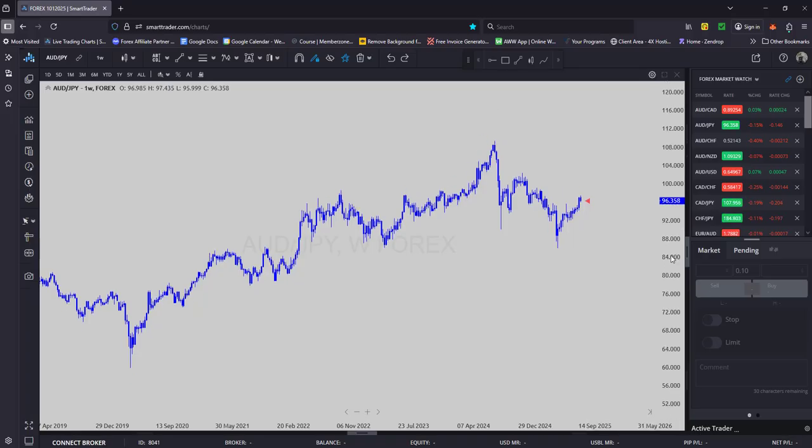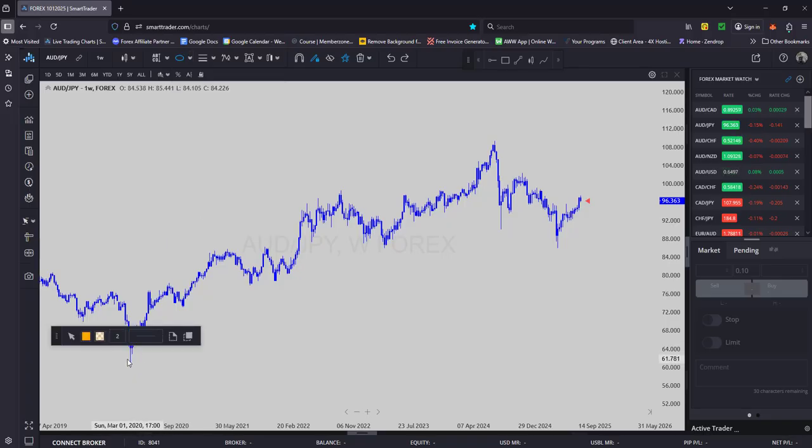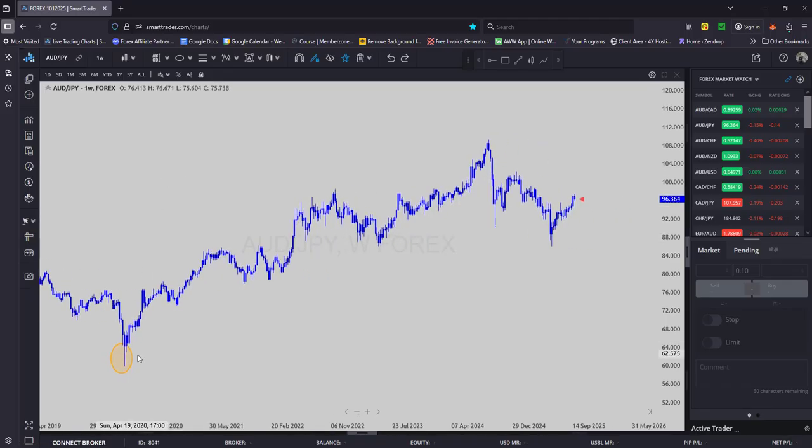If this is what we have in front of us, first thing we identify is our lowest point. And the lowest point in the chart would be right here. We could see that this market has been making higher highs and higher lows. So if this is our lowest point right here, it means that this is our A.